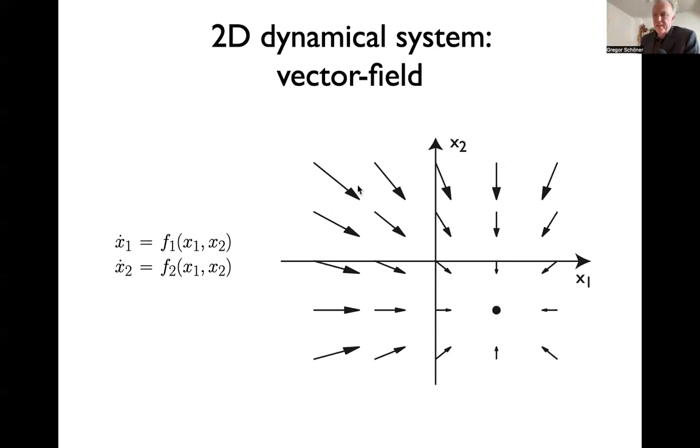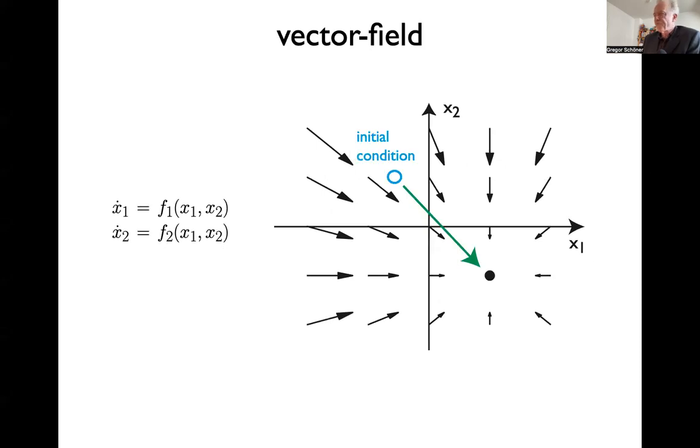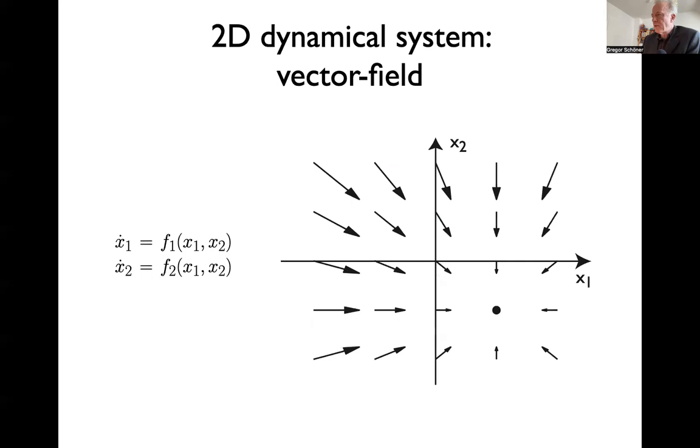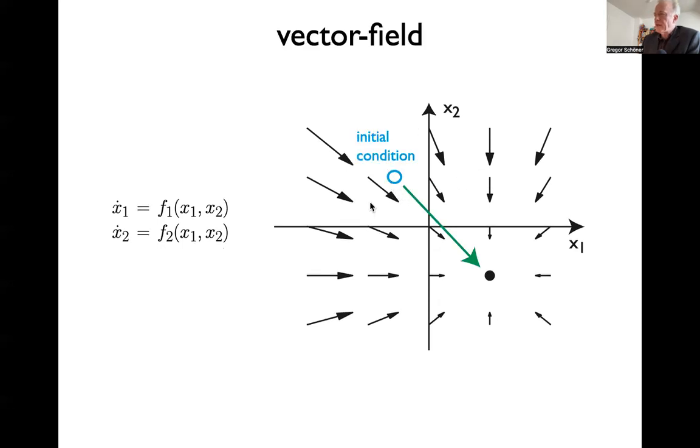And you can already see the solutions from the structure of this vector field. In fact, the definition of this is the tangent to the time courses. If you know x1 as a function of time and x2 as a function of time, and you want to compute the tangent vector to these curves, the tangent vector would be x1 dot, x2 dot.